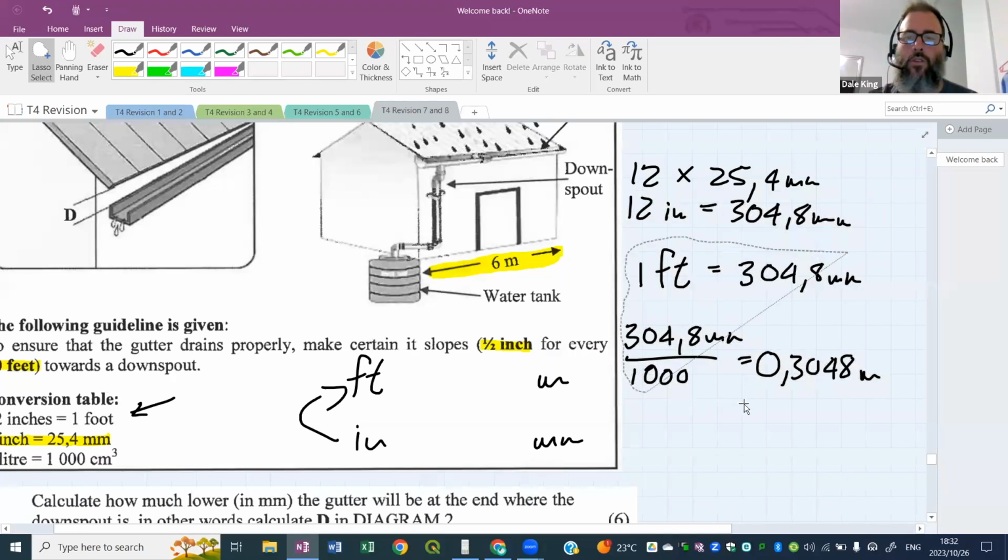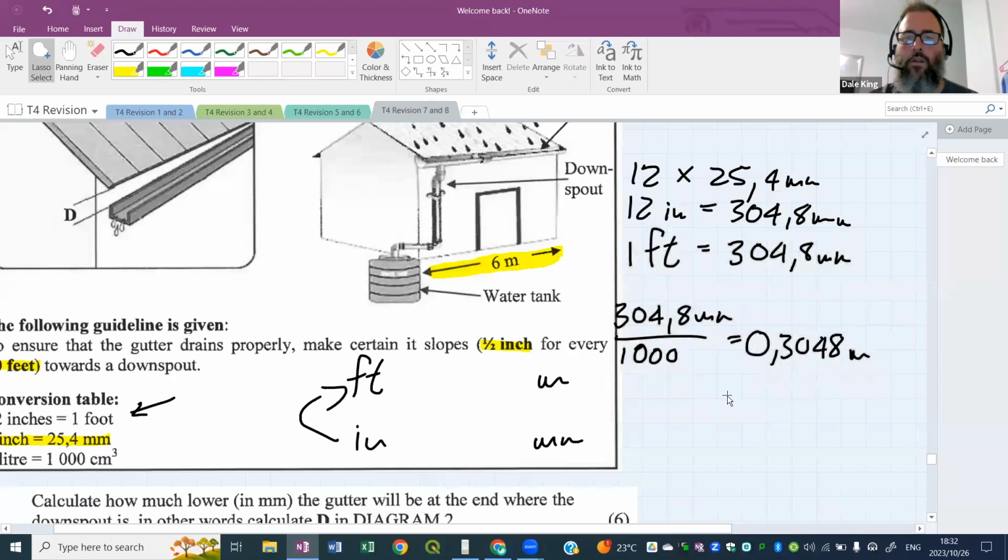Okay, so I've got feet and meters now. All I can say is that 1 foot equals 0,3048 meters. There we go. Now I've got a conversion that I can use. I've got a 6-meter tank and I need to know how many feet that is.